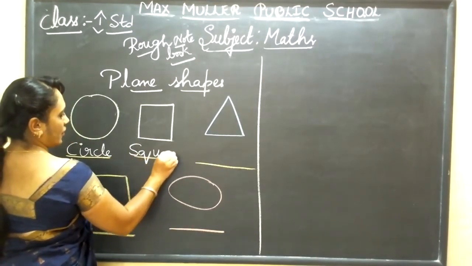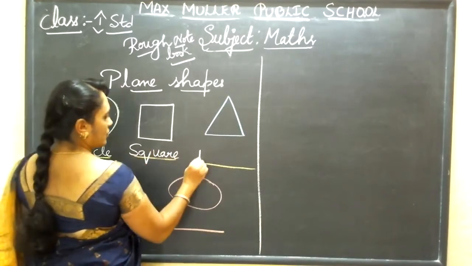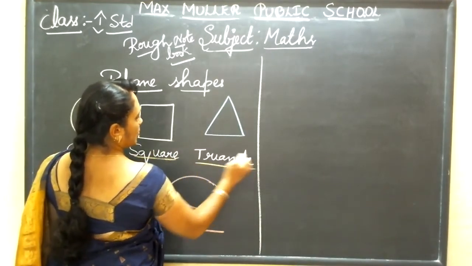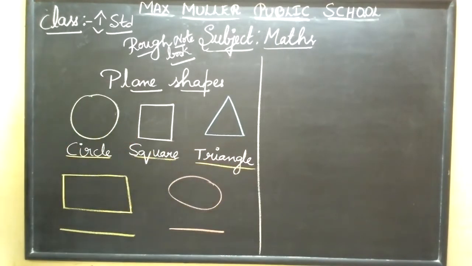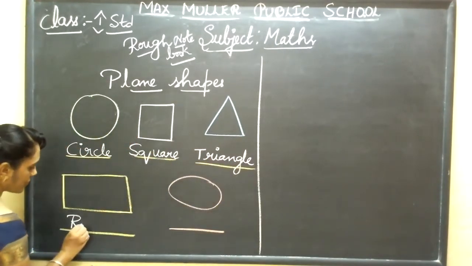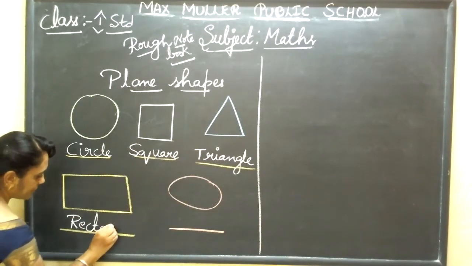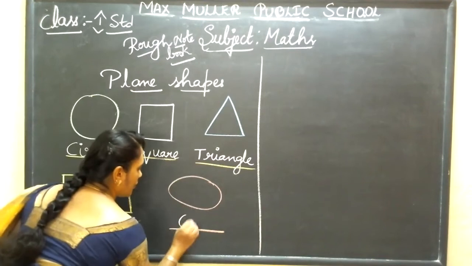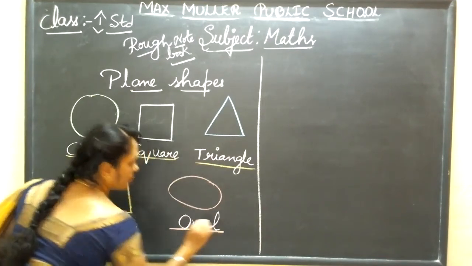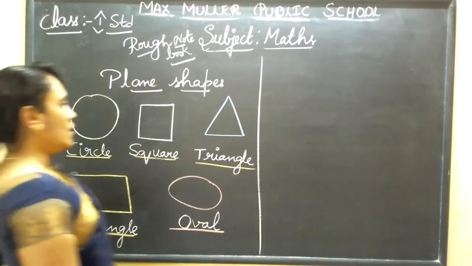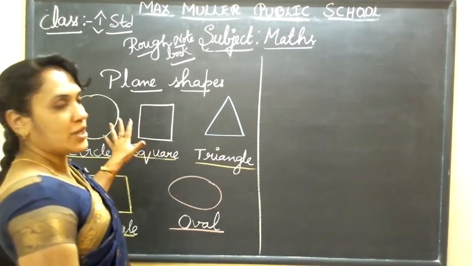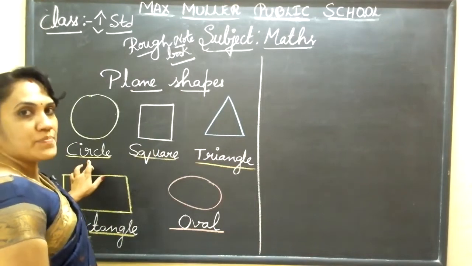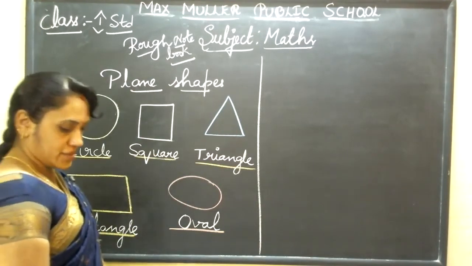S-Q-U-A-R-E, square. This one, triangle. T-R-I-A-N-G-L-E, triangle. Then here, rectangle. R-E-C-T-A-N-G-L-E, rectangle. This one, oval. What is the shape name? Oval. O-V-A-L. Practice how many times in your rough note? Take out rough note and practice neatly. Shapes and shape names also. Both you should practice. Okay?